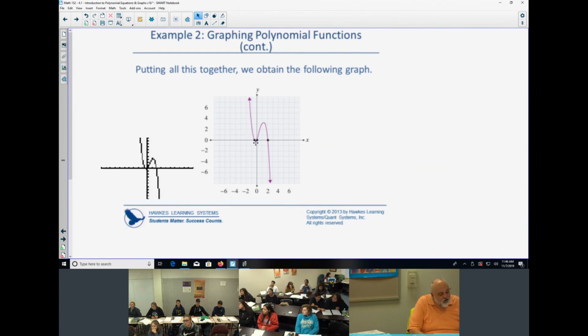So it might just go a little bit like this, or it might go way up, okay? We don't know that right now, and we're not worried about that right now. What I want is for you to have those 3 points, and then the end behavior. And so you're just going to draw a line connecting those somehow. Okay? All right.